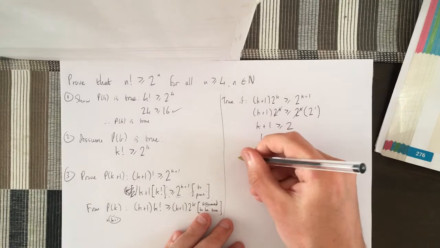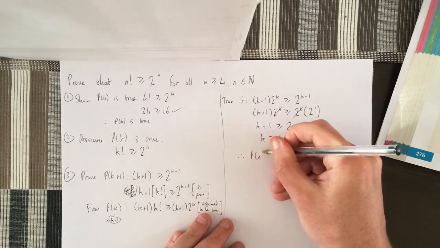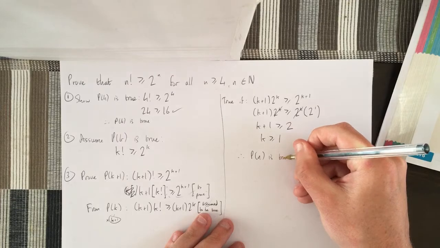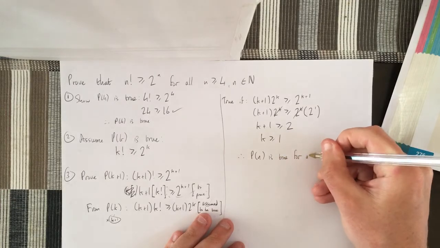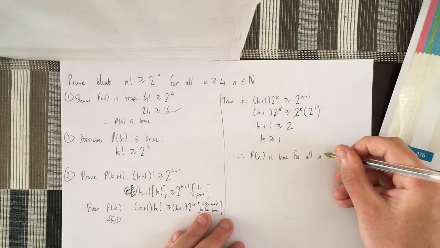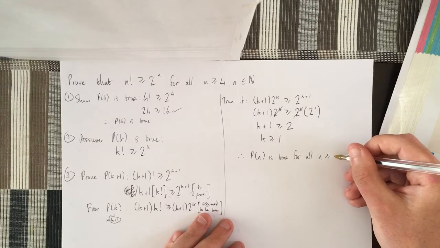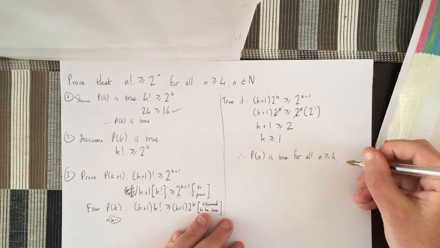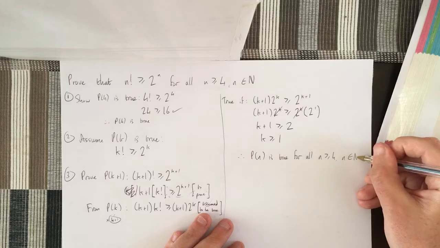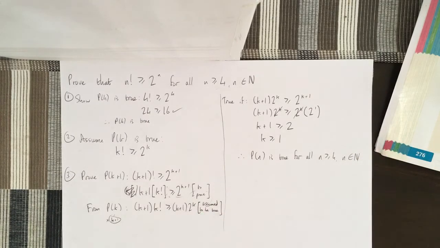So from here, therefore Pn is true for all natural numbers greater than or equal to 4. All right, so that's that one done.